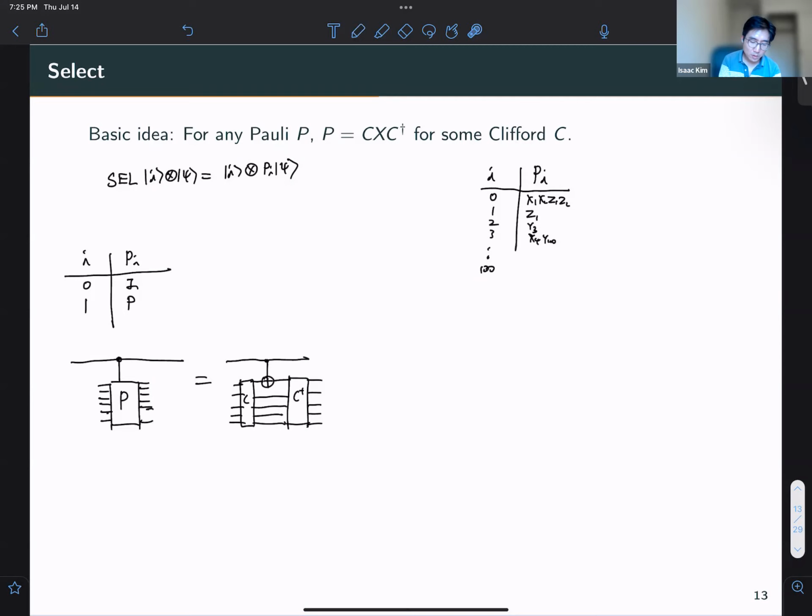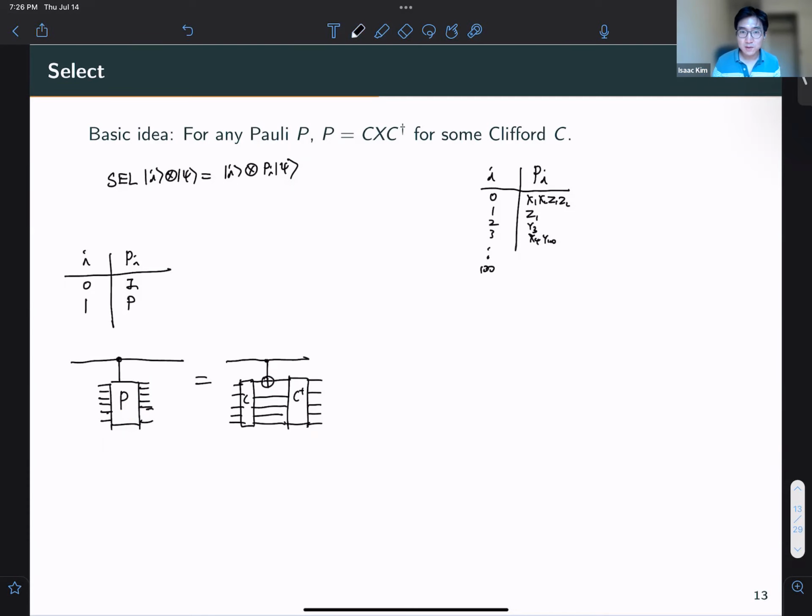If you plug in the zero state here, that doesn't apply anything, and indeed this controlled-X operation doesn't really do anything. In that case, C and C dagger cancel each other out, giving rise to identity as expected. But when the first qubit is in the one state, then you apply P: you apply X conjugated by C, which is exactly equal to P. So for this simplest case, you can implement the select operation very straightforwardly.